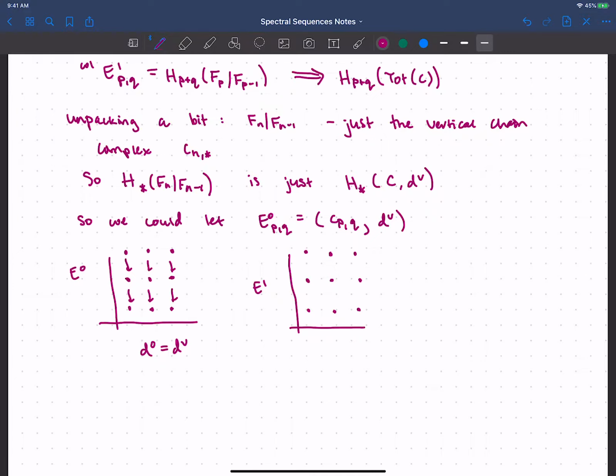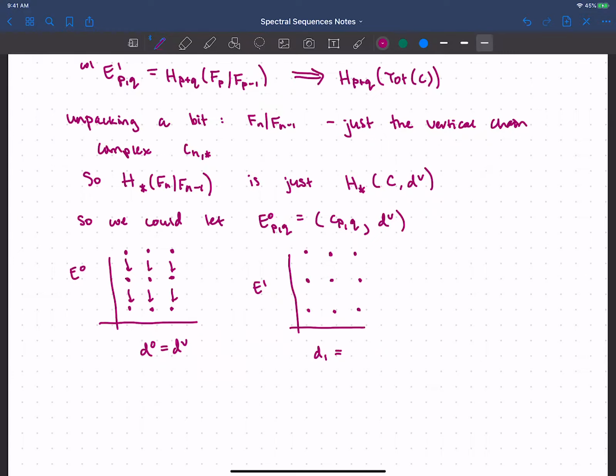And now what are we left with? Well, what's our d^1 differential? We're still in this double complex. We've just taken homology with respect to the vertical differential, really because we were looking at filtration quotients and quotienting out by all the stuff that was horizontal from our spot. So what differential are we left with?